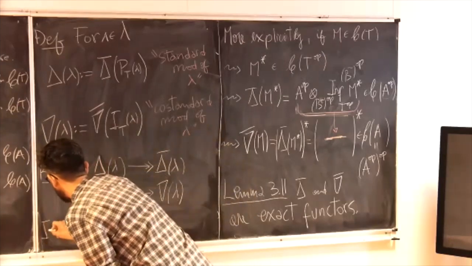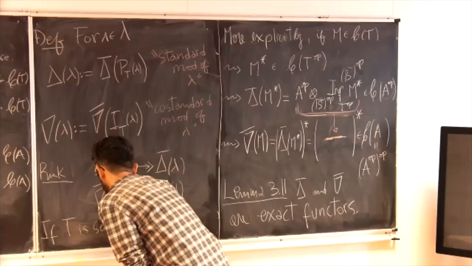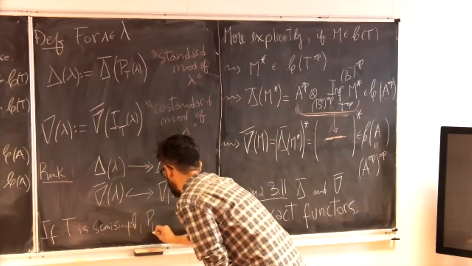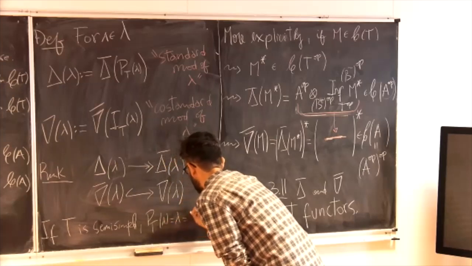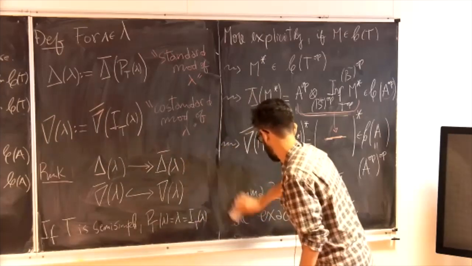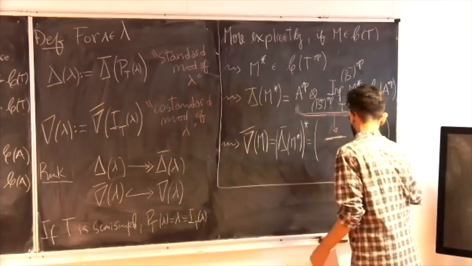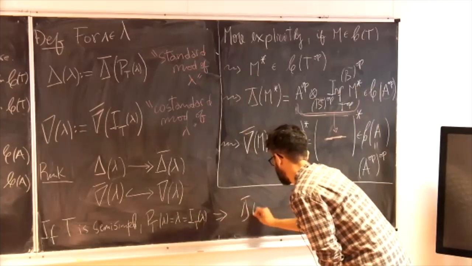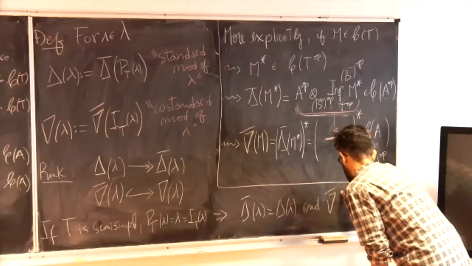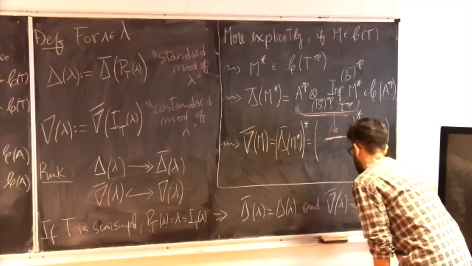And if T is semi-simple, the projective cover of lambda is equal to lambda and also equal to the injective hull. So in this case, the proper standard and proper co-standard are equal to the standard and co-standard. This is just a remark.